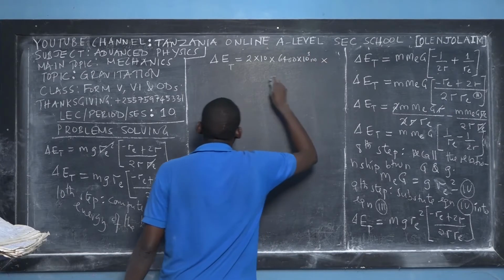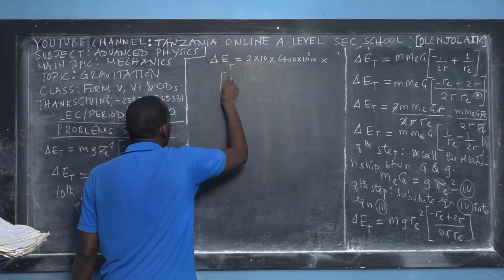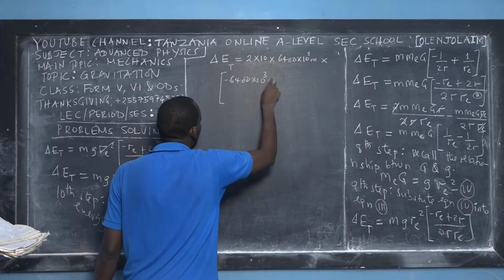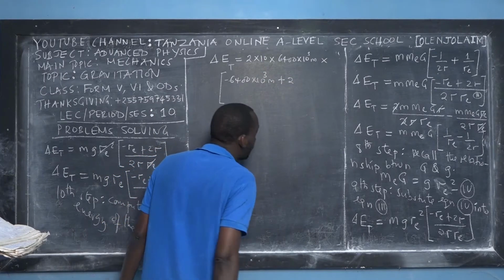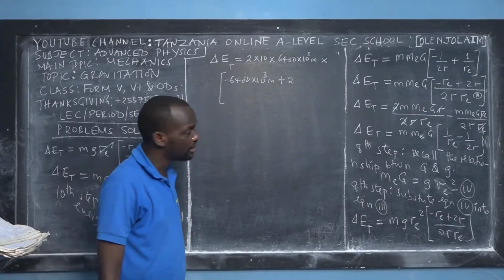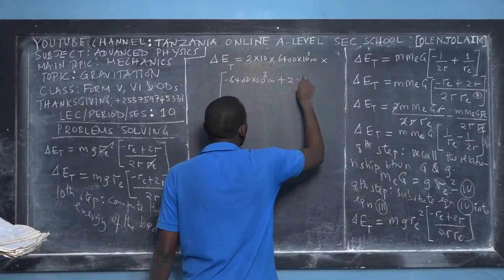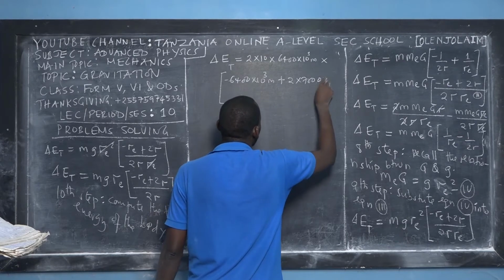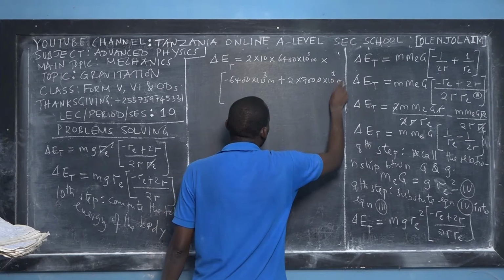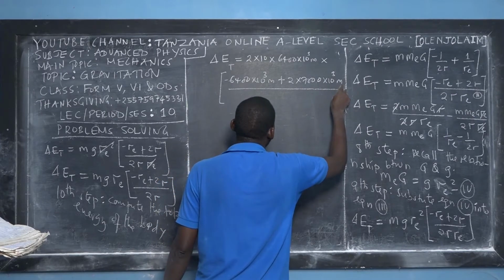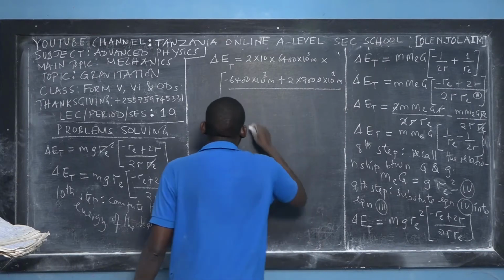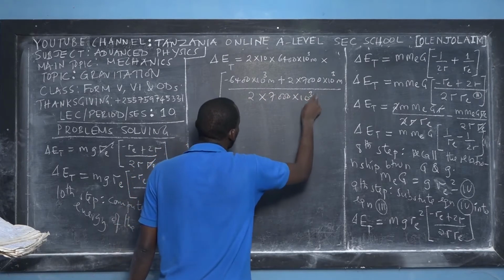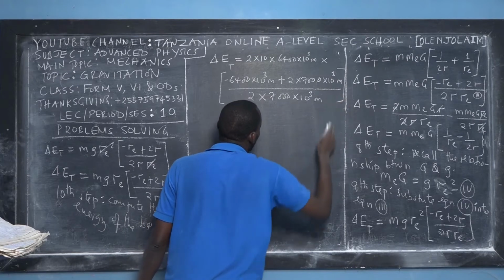And then we multiply by negative 6,400 exponent 3 meter plus twice the radius of the orbit, which is 7,000 kilometer, exponent 3 to change it into meters. And then we divide this by twice times 7,000 kilometer, which we change into meter. So this is the expression.